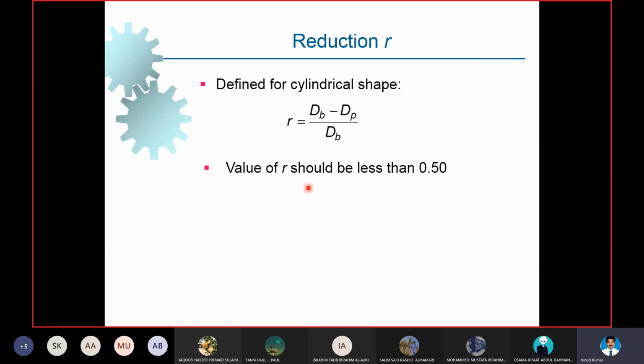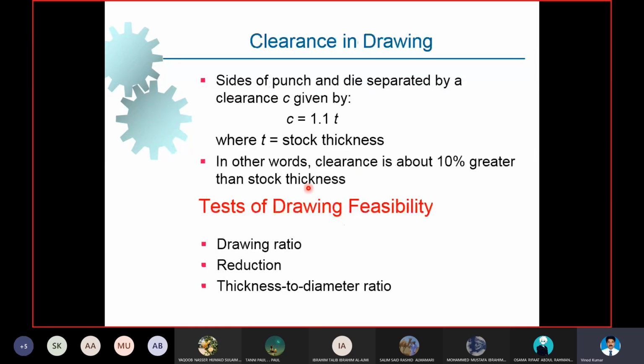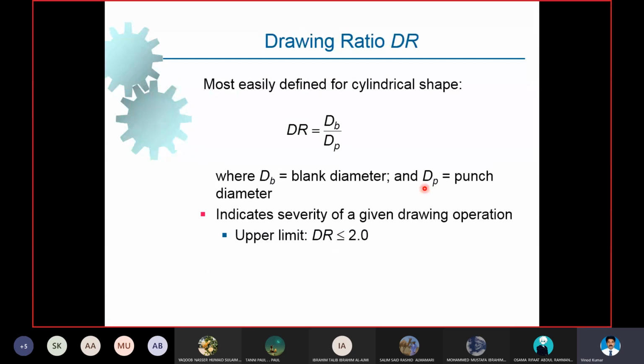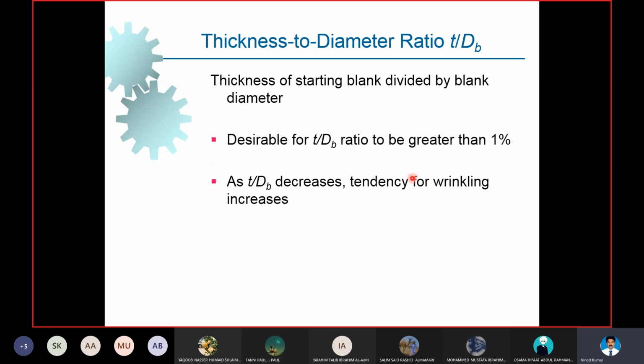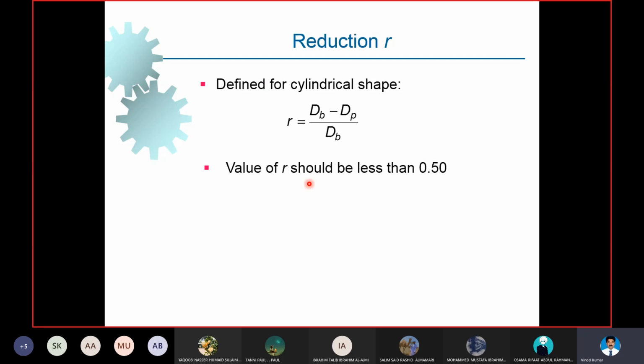So 3 requirements have been shown here: drawing ratio, reduction, thickness to diameter ratio. Drawing ratio should be less than 2, reduction should be less than 0.5, and thickness to diameter ratio should be greater than 1%. So these are the 3 conditions.